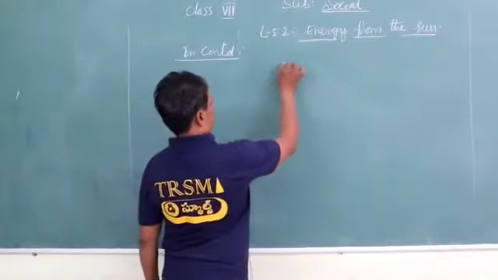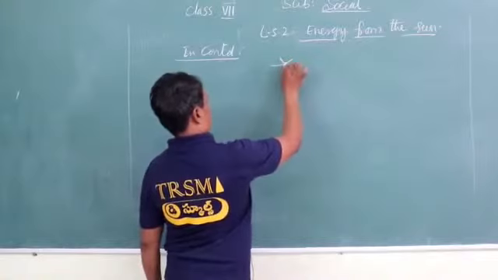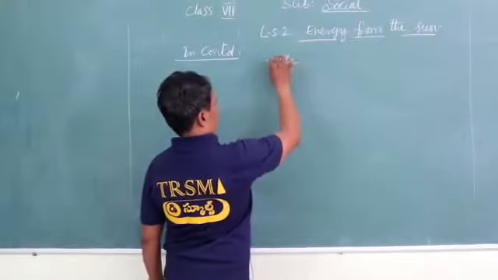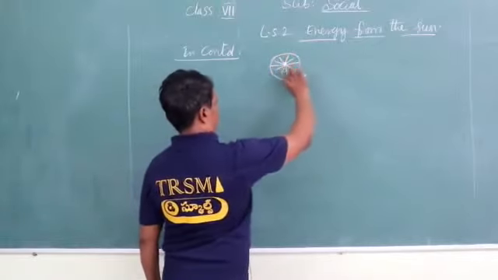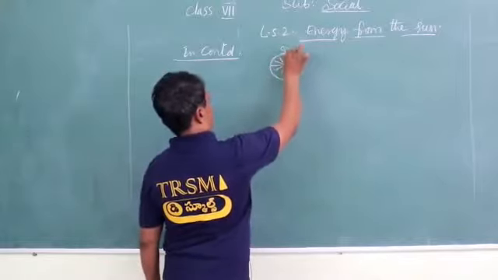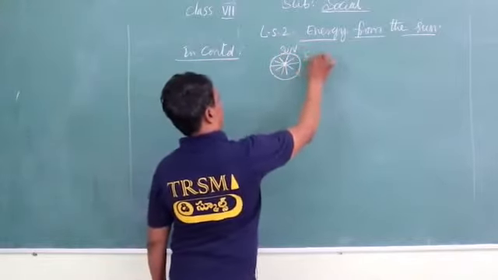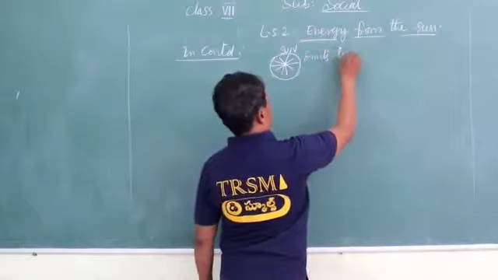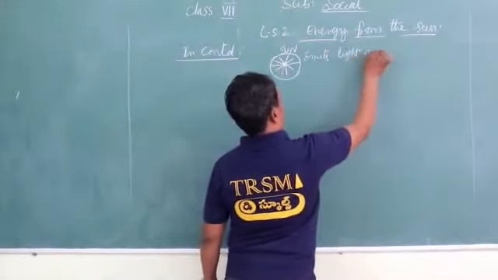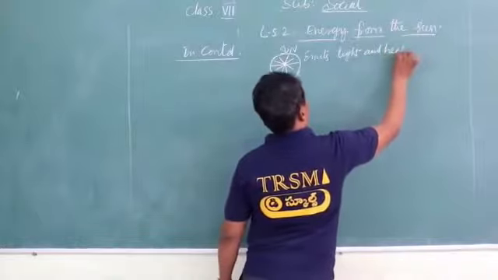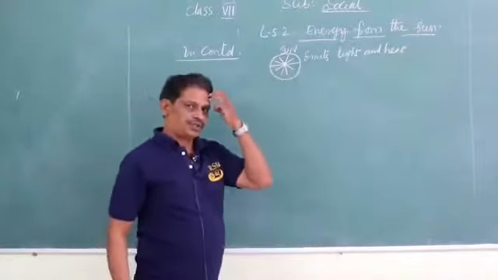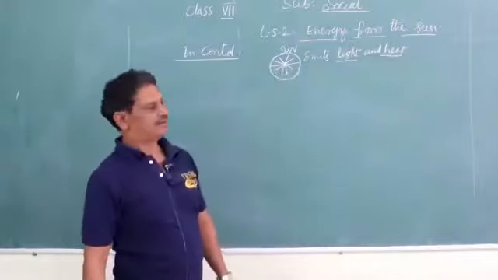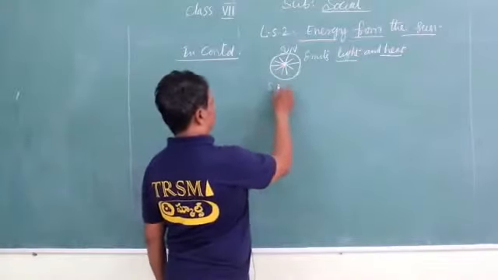The sun emits light and heat. Along with the light, heat is also emitted by the sun. So that is solar radiation.